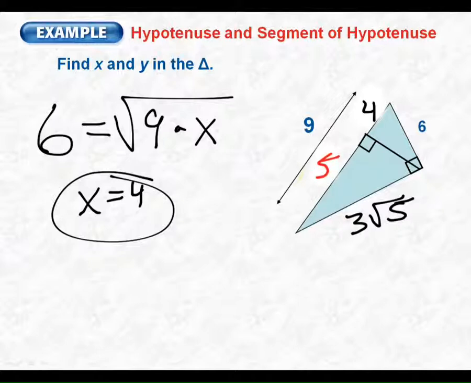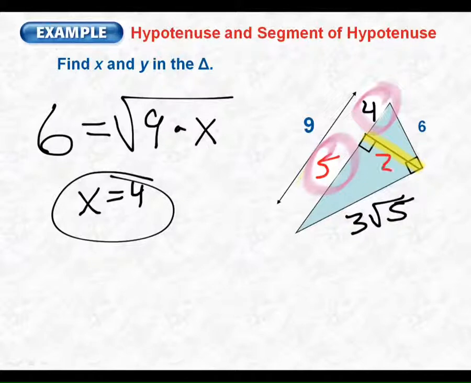So actually the only part of this problem that I'm missing is that piece. Right? So the second theorem of this chapter said this altitude is the geometric mean between what two numbers? Between 4 and 5, right? It's the geometric mean between these two numbers, the two pieces of the hypotenuse.